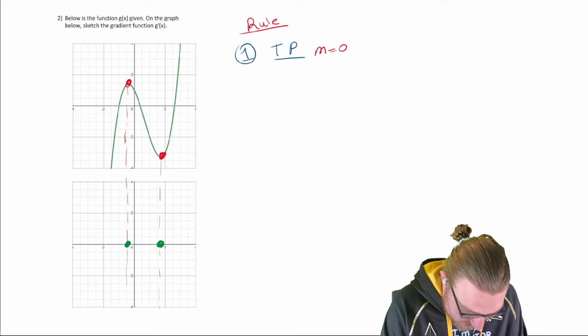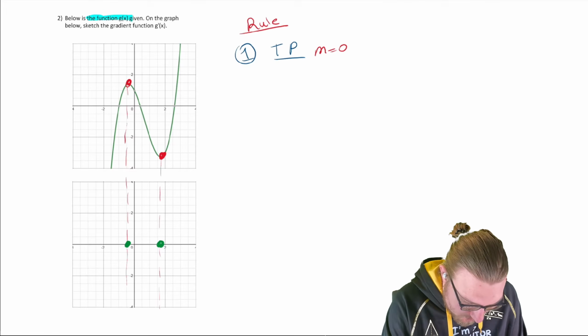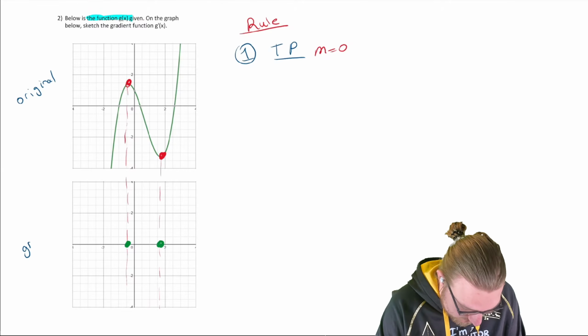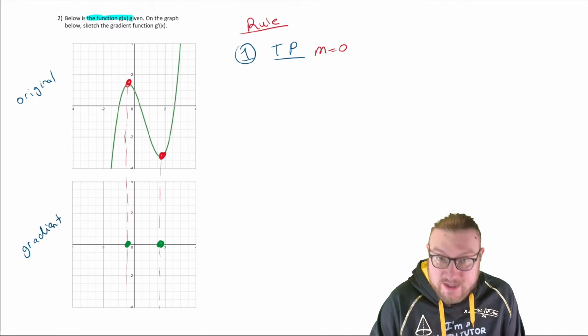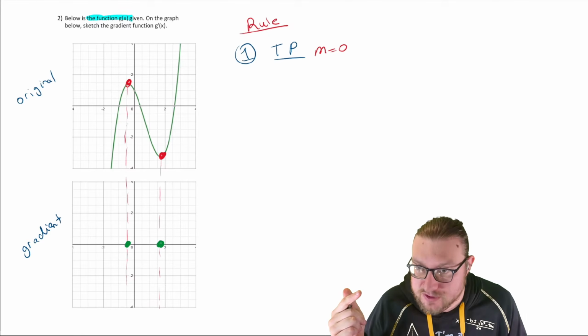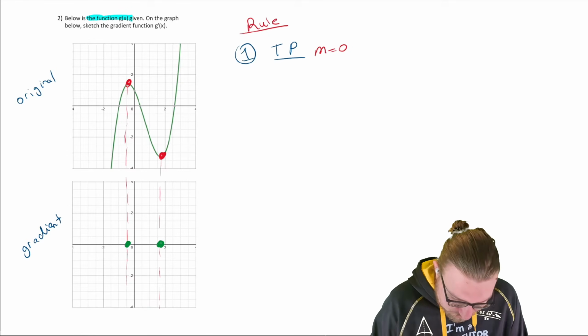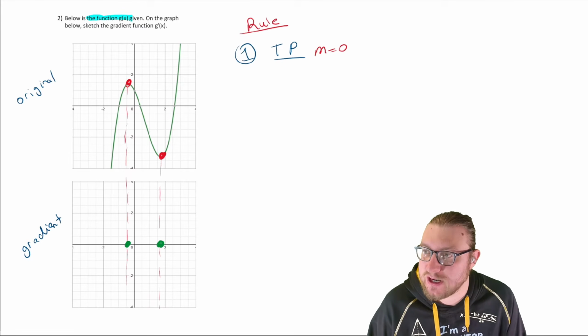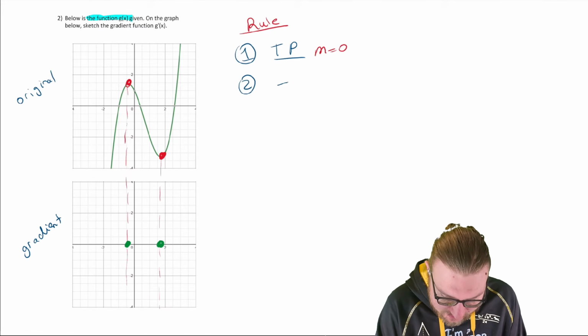And just to make it proper, remember we had the original and the gradient function over here. Sometimes they switch them around and they ask you to do it the opposite way. So we've already marked our turning points. The next part is just to figure out where we are increasing and decreasing.